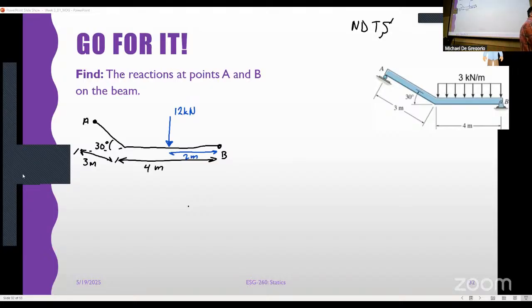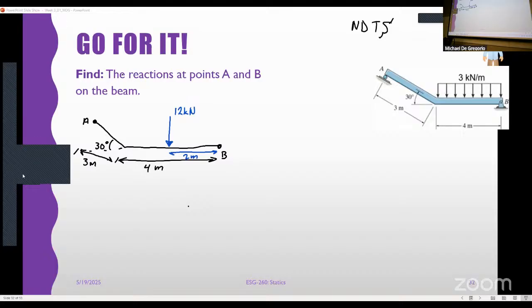There's an infinite number of choices that you can choose for your coordinate axes. I think that there are two that make the most sense here. You can either angle it at 30 degrees to be along A, from A to the corner, or you can leave it in a normal Cartesian coordinate system.